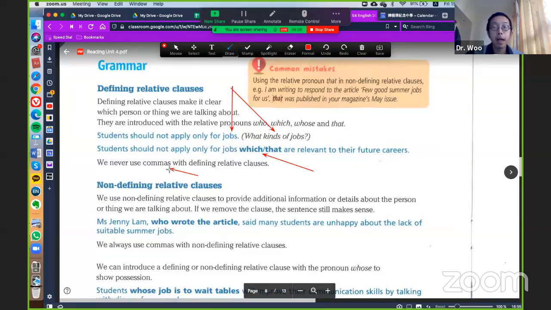When we are defining, we don't use commas. Right? Defining relative clauses, necessary information, which and that, no commas. All right, here we go. Therefore, or in contrast, non-defining, unnecessary information, we use commas. Commas.